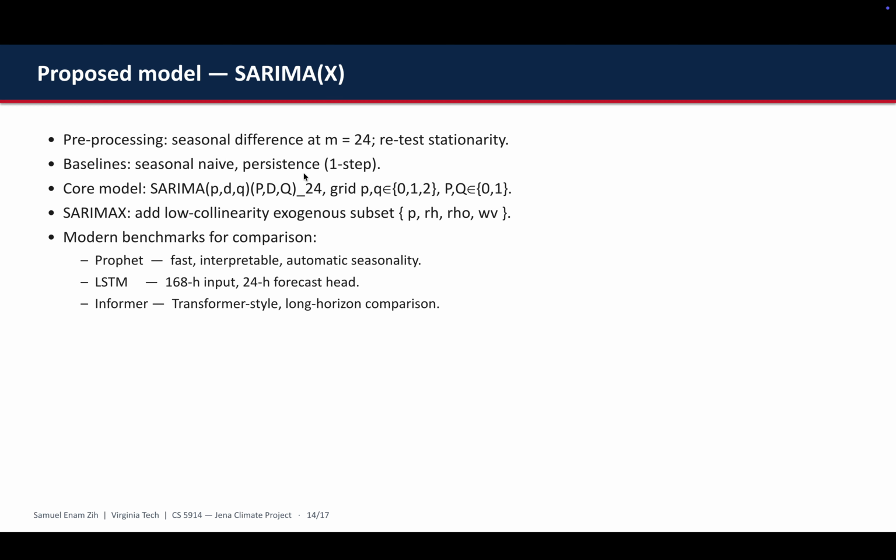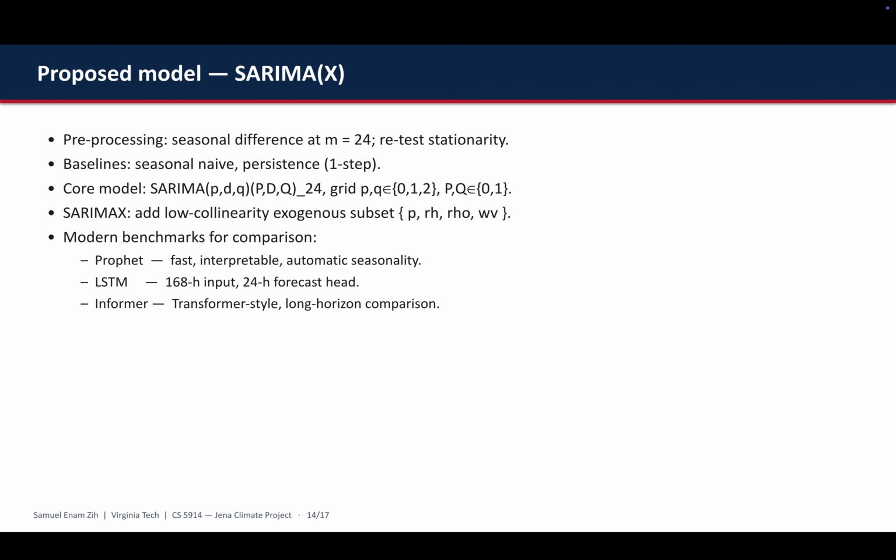The core model is a SARIMA grid search over p, q in 0, 1, 2, and P, Q in 0, 1, with d equals 0 and D equals 1. I will select by AICc and confirm out of sample.